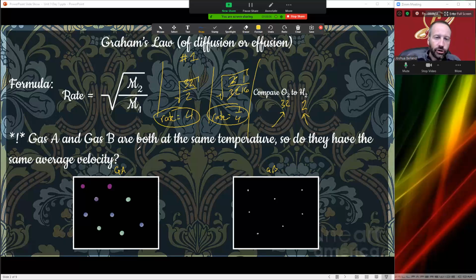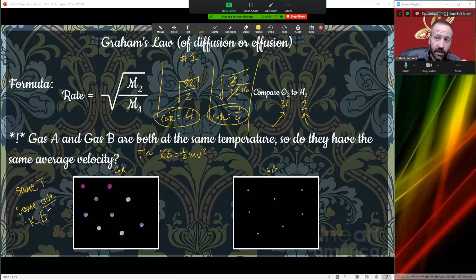Well, temperature is a direct measurement of the average kinetic energy. And we know kinetic energy is equal to 1/2 the mass times the velocity squared. So let's analyze this. Same temperature, same average kinetic energy. Like if I was writing an answer on the AP exam, I'd probably write it this way.